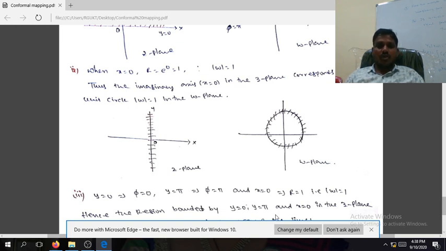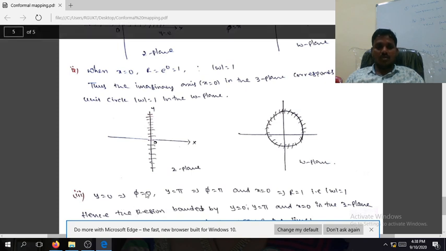Next, if I am going to take y is equal to 0, so pi is equal to 0, y is equal to pi, so pi is equal to pi, and x is equal to 0. Both are here. First case, second case, third case I am considering here. Y is equal to 0, x-axis. Y is equal to pi, that is above the x-axis, and x is equal to 0 means y-axis.